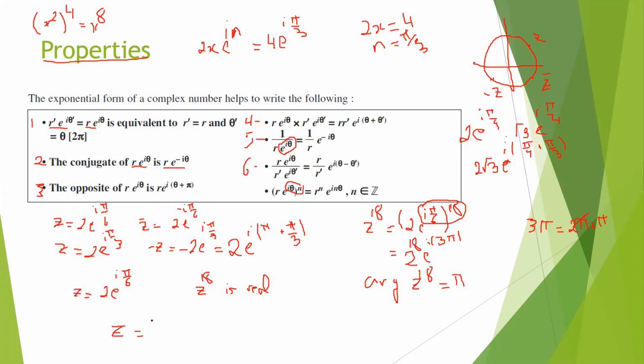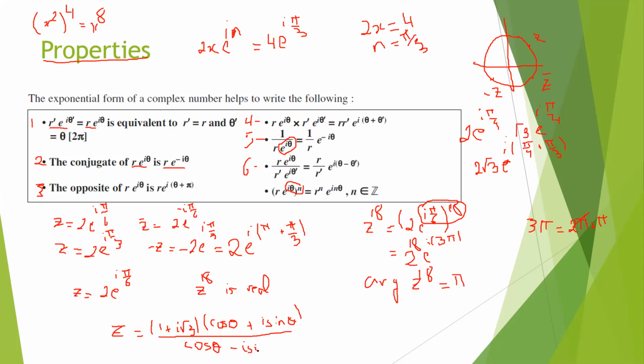If I have z equal to 1 plus i radical 3, times cosine theta plus i sine theta, over cosine theta minus i sine theta.